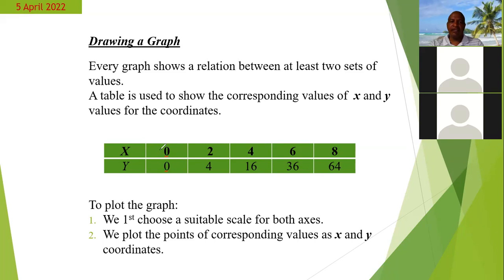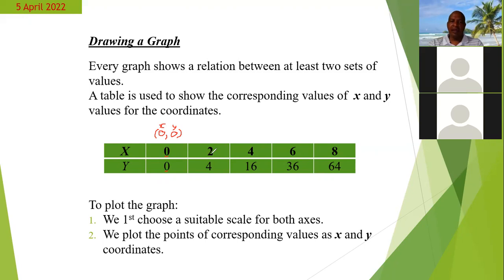If you pair these two X and Y values as coordinates, you would write the X value first. So this would be the 0 for the x value, and this would be the 0 for the y value. You write your x coordinate first, and then you write your y coordinate. That's how your coordinates are written, right?